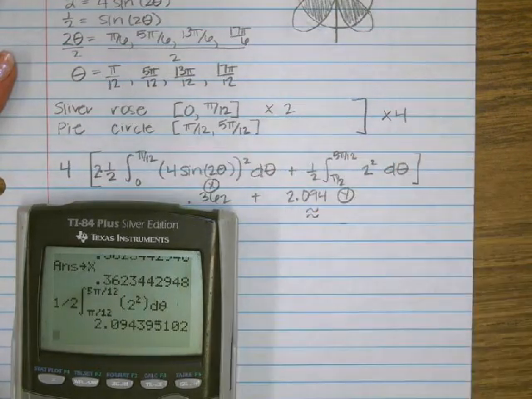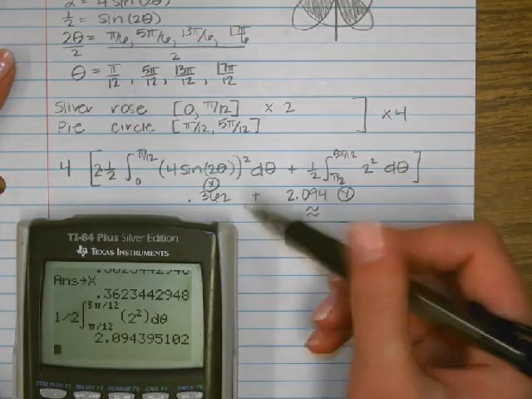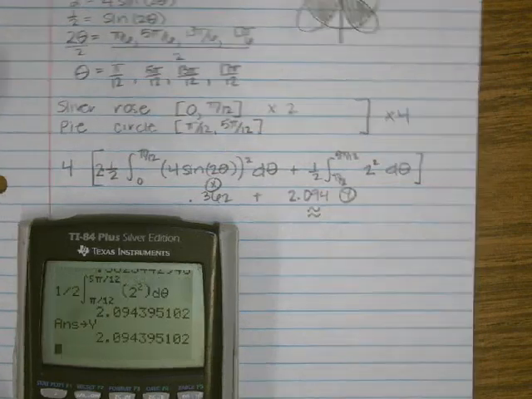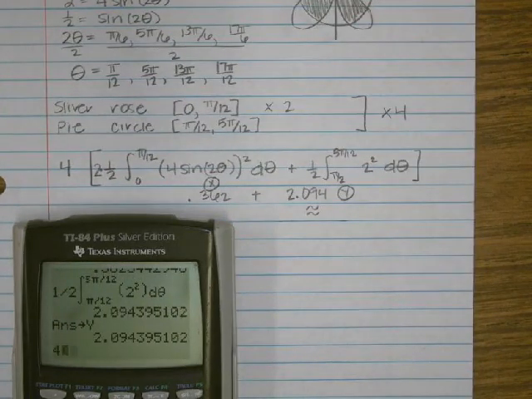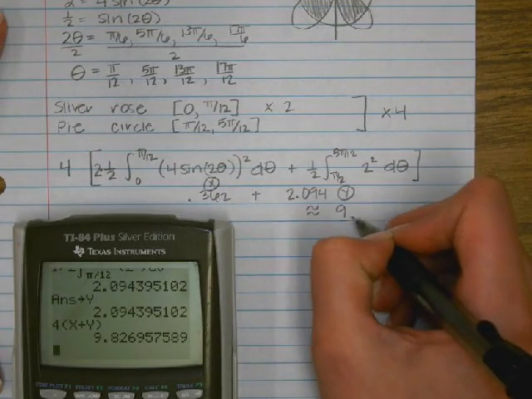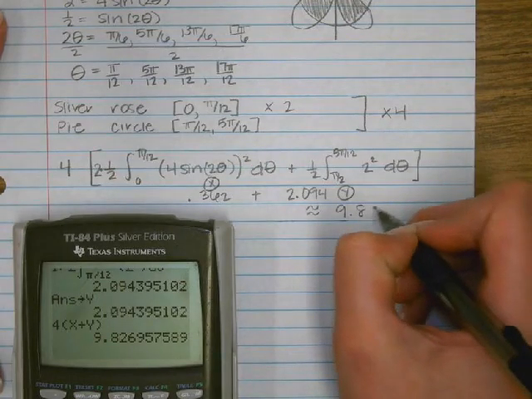This makes sense because if you look at it, our slivers are very small and the bigger area is bigger, so that's a good sign. Now I need 4 of these, so I need 4 of what I stored as x plus what I stored as y. And the whole area is 9.827.